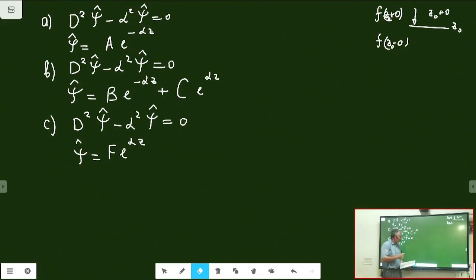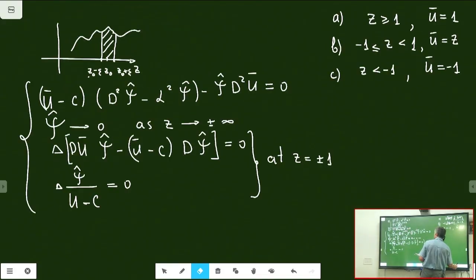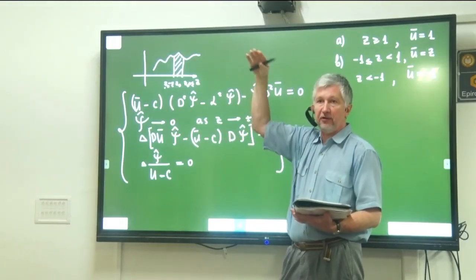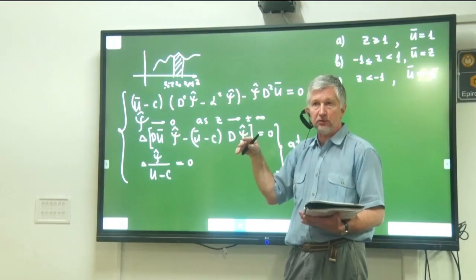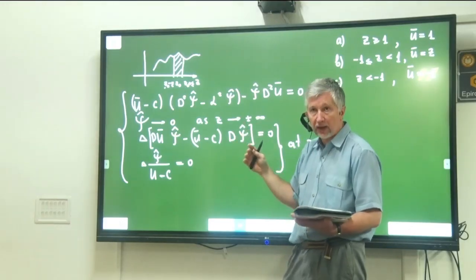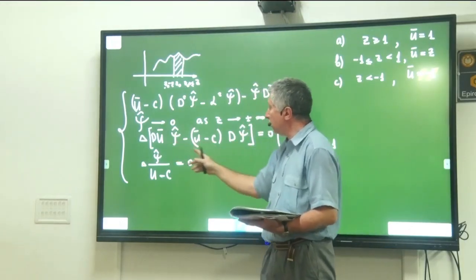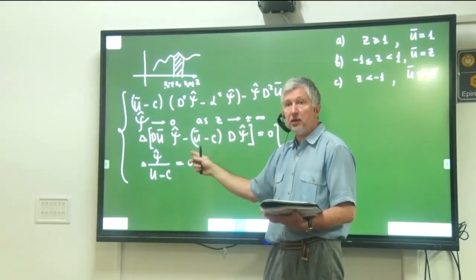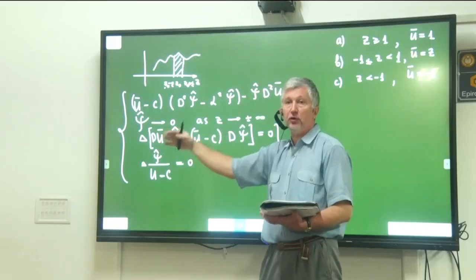What I'm talking about is what happens when you substitute the solution that we obtain into this equation at z equals 1. Can anyone tell me what actually happens? You have the value on the top, you have the value at the bottom, and the difference between them equals 0. So the easiest way to write this equation is to simply evaluate this above and make it equal to the same equation evaluated below.